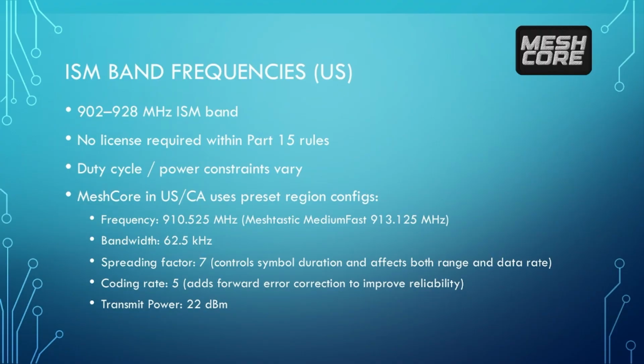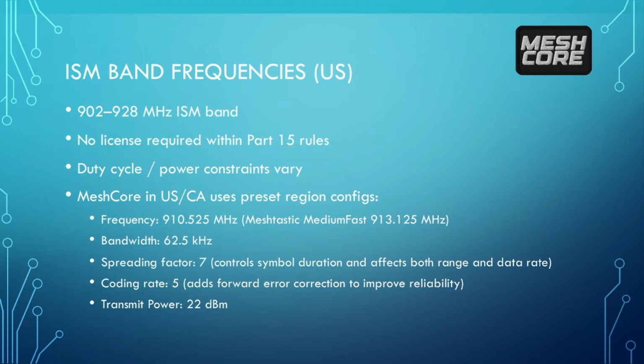Those two factors, along with the frequency, if you change any one of those three, you're not going to communicate with the rest of the net, which is on the US-Canada default preset. So when you do get a Meshcore device, don't go in and change those items unless you really know what you're doing.